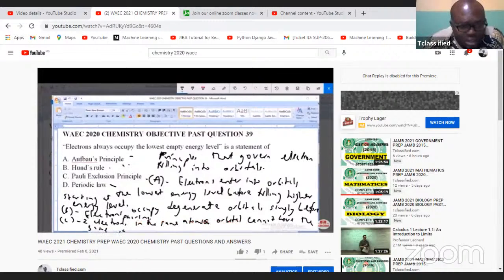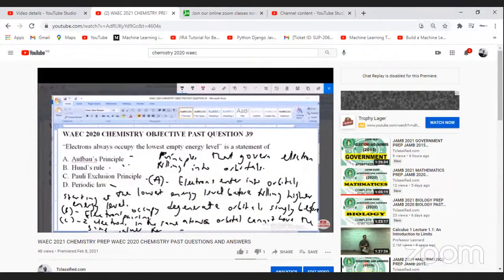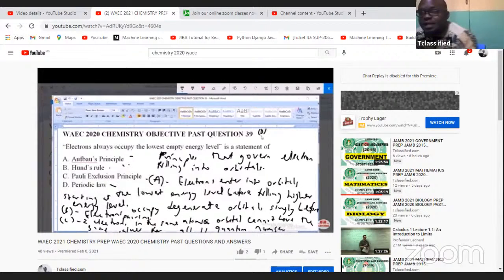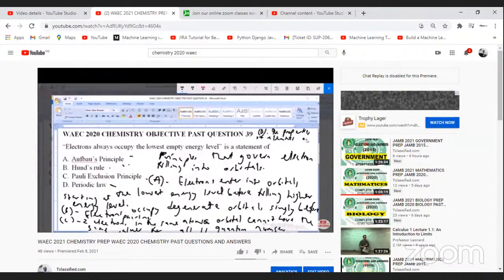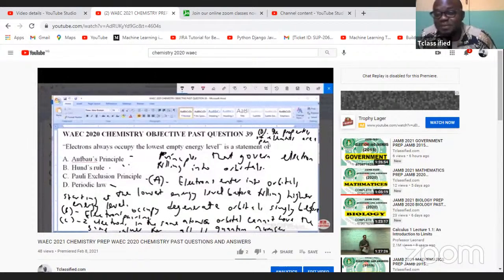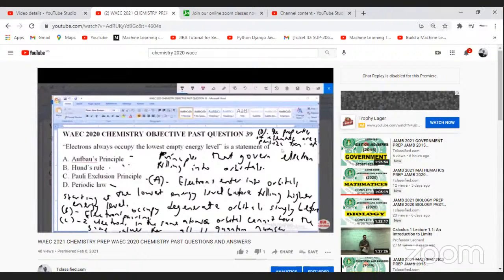So what's the answer? One says that they pair first. So the answer is A. It says that they must occupy the lowest energy level first before the higher energy level. Yes, sir. Okay.